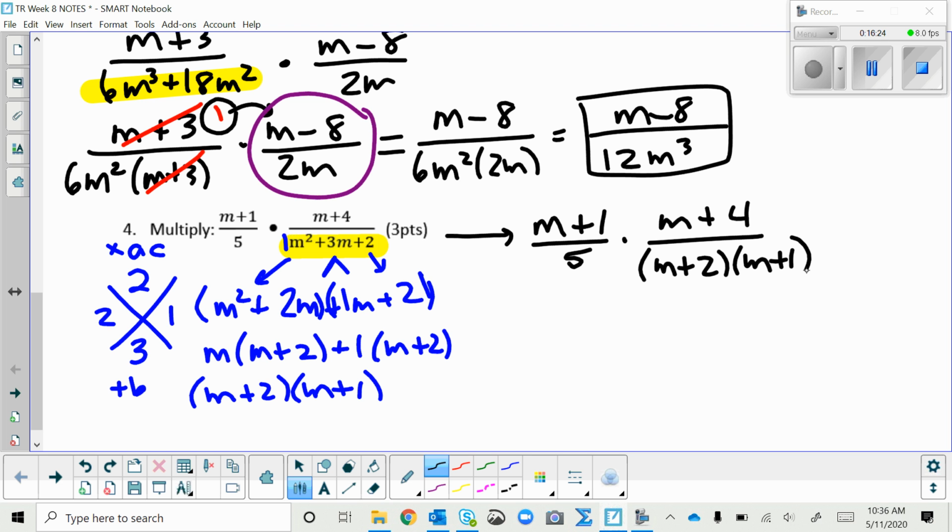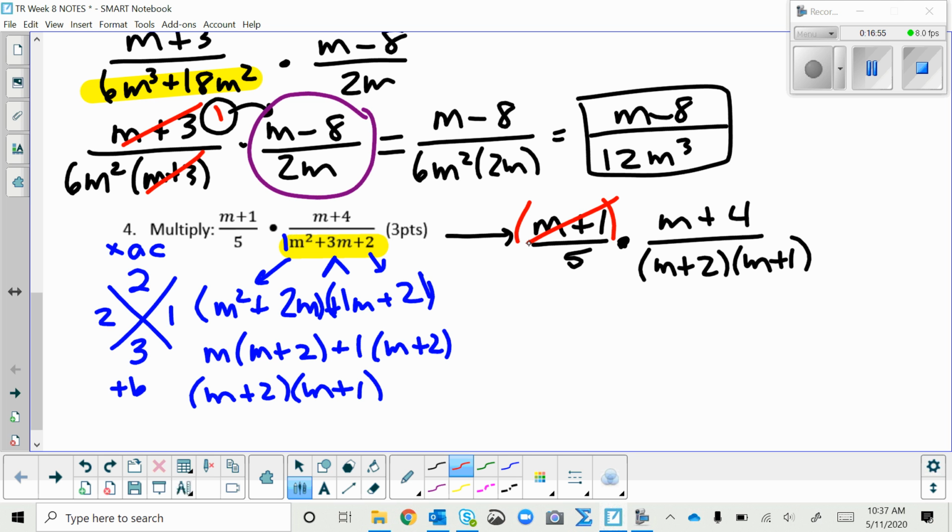And what cancels here? It kind of looks like nothing cancels, because if you're just looking at the second fraction, there's nothing on top and bottom that's the same. But since we're multiplying these two things, we can look at the top and bottom of the first fraction as well. And now when you're looking at both fractions at the same time, what do you see that's the same on top and bottom? The m plus 1, right?